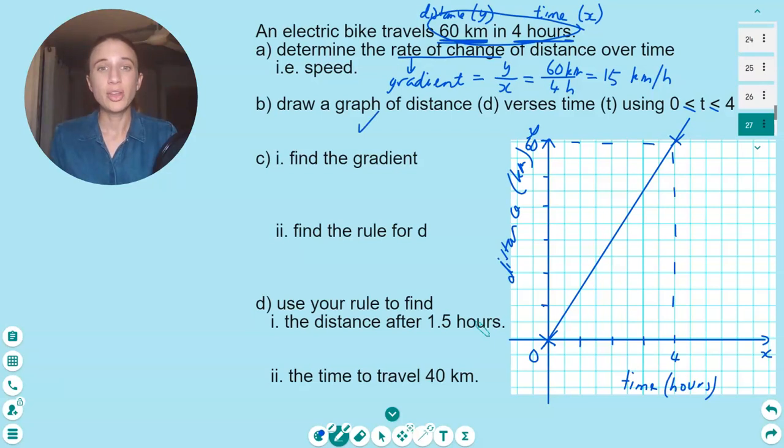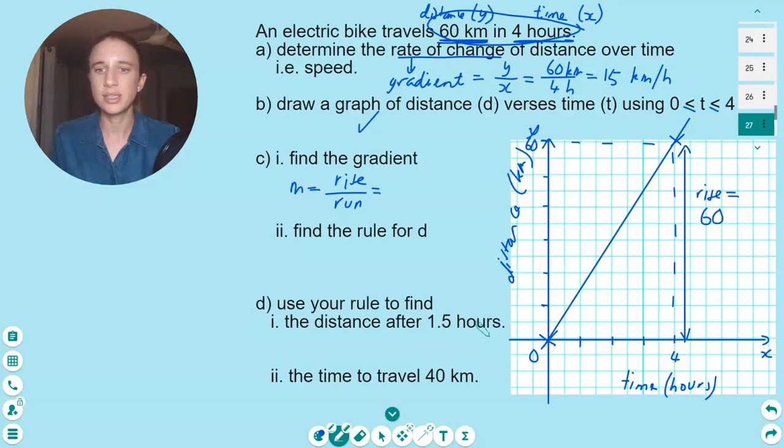Yay. Find the gradient. Well, we found the gradient up there, but let's look at the graph. Okay. m equals rise over run. Now, to get from the leftmost point to the rightmost point, we are rising 60 units.